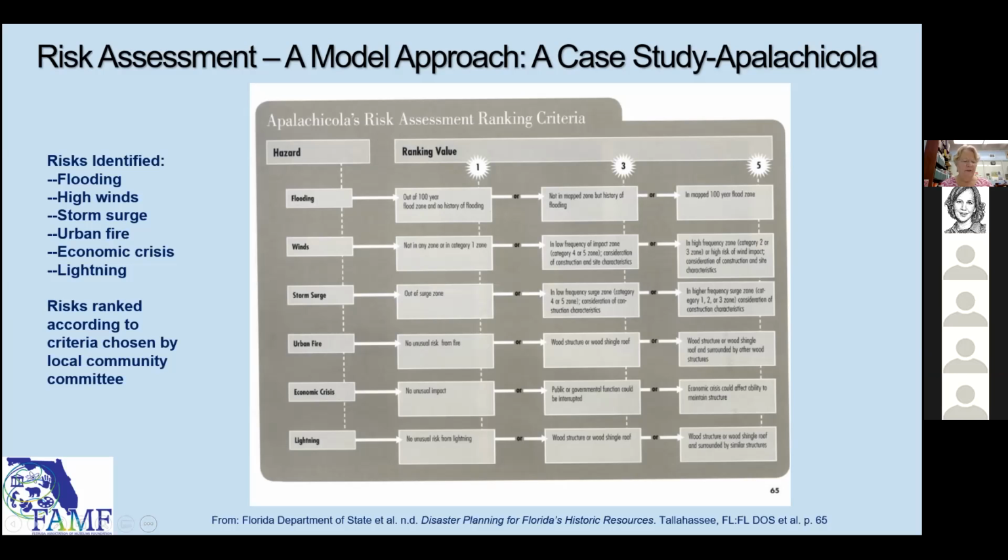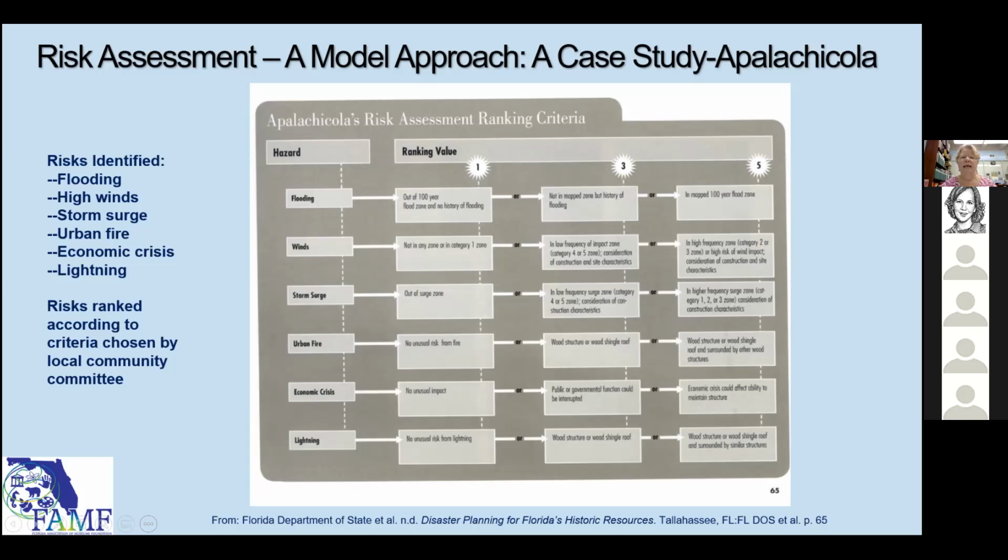It identified the following hazards: flooding, winds, storm surge, urban fire, economic crisis, and lightning.